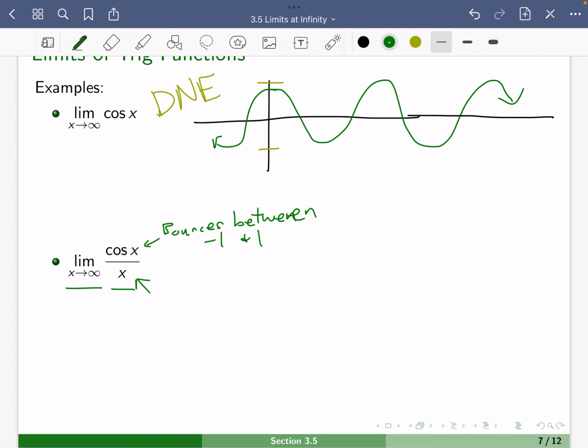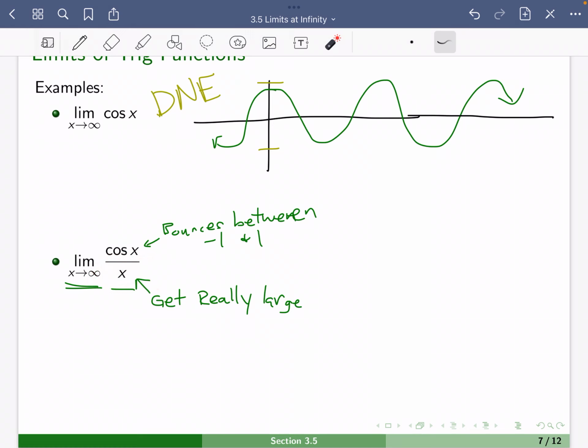This value of x is getting really, really large. So if we take some number that is somewhere between -1 and 1, and we divide that by some giant number, right? So divide that by 10 billion.